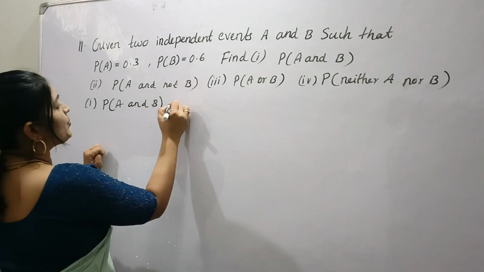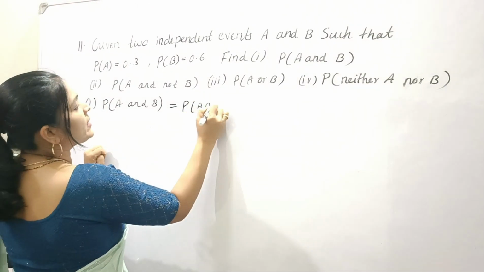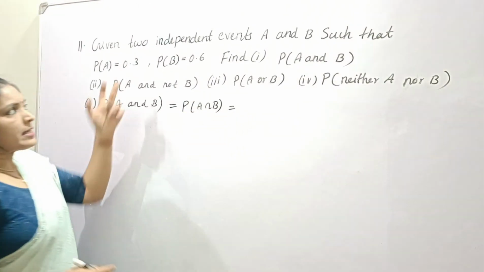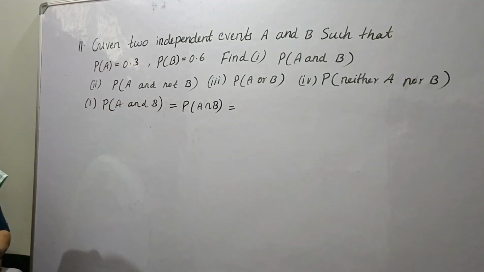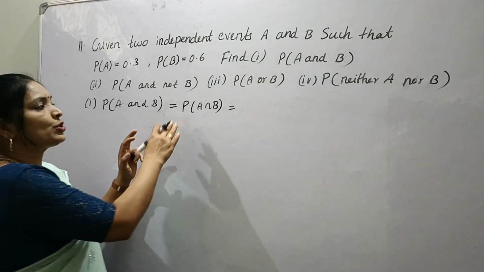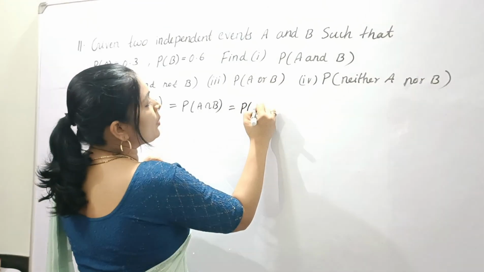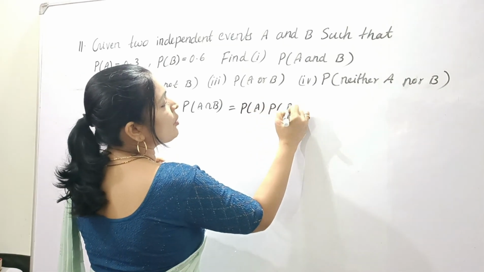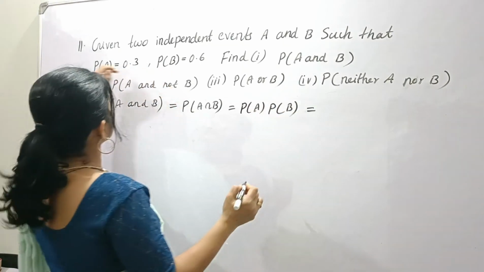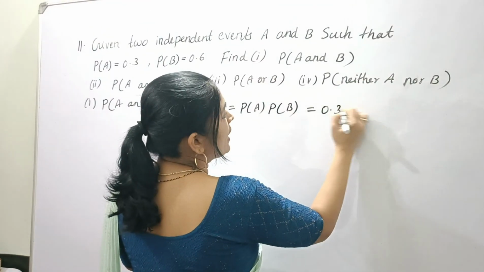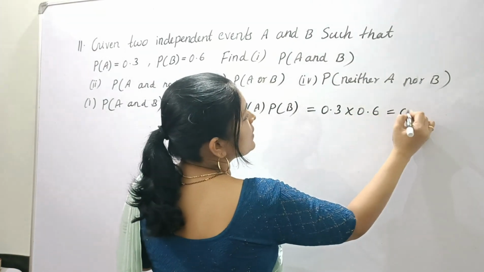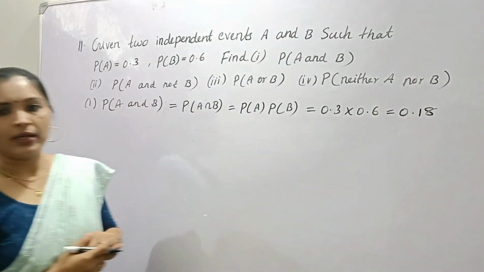So probability of A and B can be written as probability of A intersection B. And here it is given that A and B are independent events. Therefore, probability of A intersection B is equal to probability of A into probability of B. These values are given, 0.3 into 0.6, that is equal to 0.18.